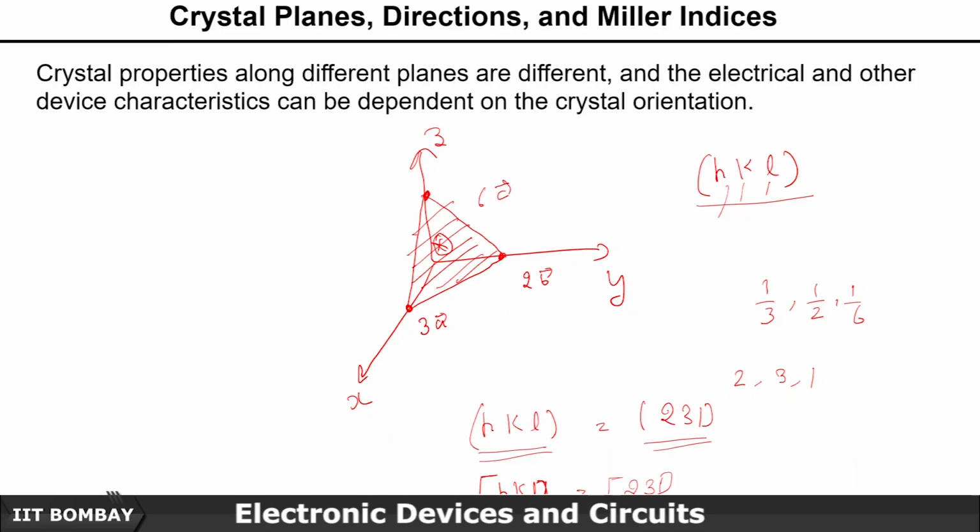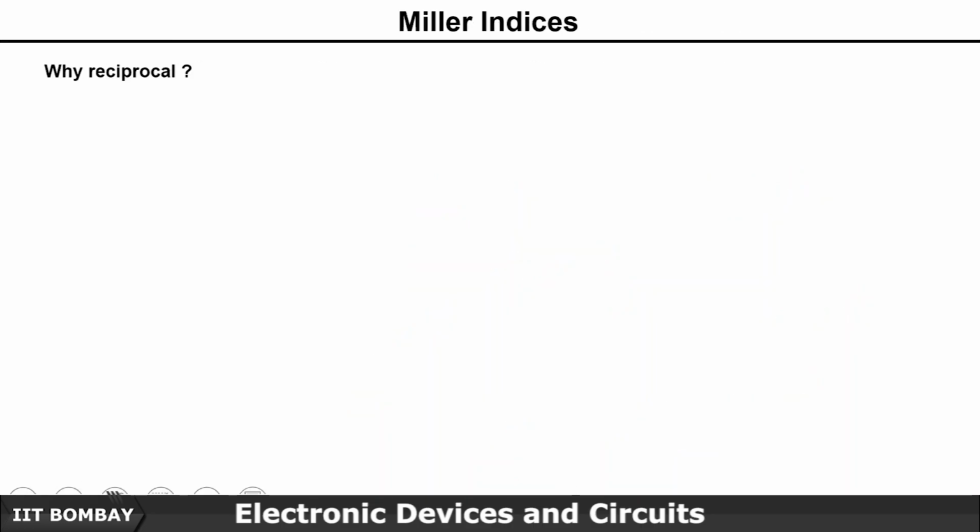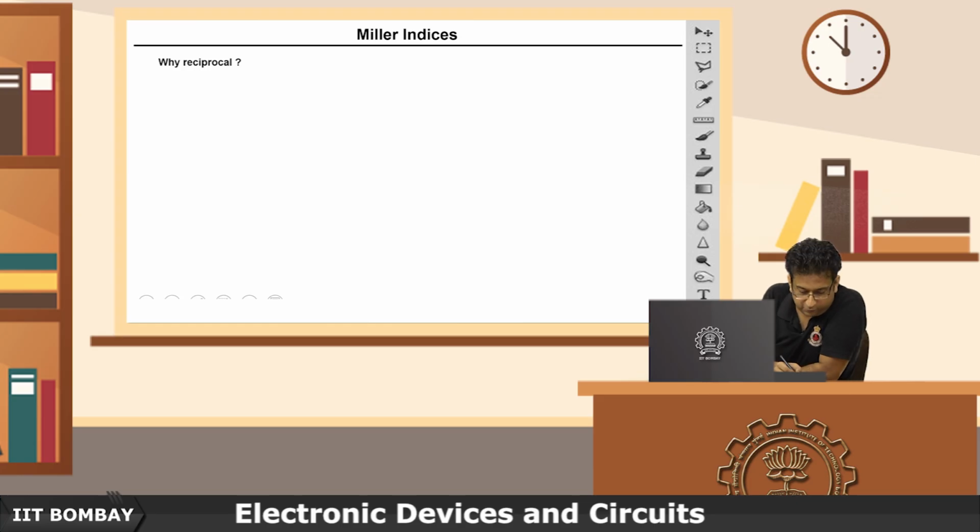Now I hope it is clear how to refer to the crystal planes and how to refer to the directions. Another thing is, let's discuss some cases. Let's say this is the x-axis, this is the y-axis, and let's talk about this plane.